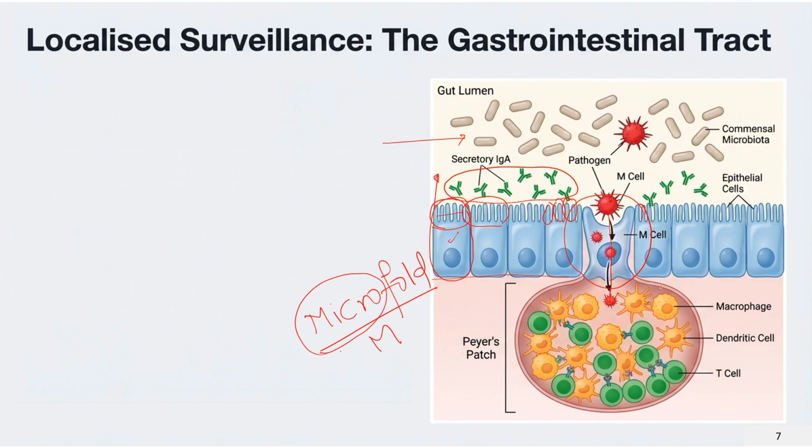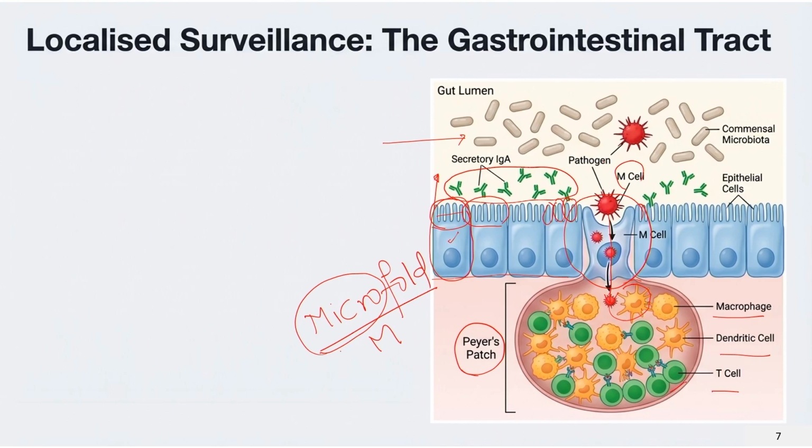And this inner side is actually an area which we have studied when we discussed the secondary lymphoid organ called Peyer's patches. These Peyer's patches are a very rich area where we can find macrophages, dendritic cells, and also T cell populations. Therefore, once M cells capture the pathogen, they can directly enter the Peyer's patches, where macrophages can engulf the pathogen, process it, and decorate it onto the surface so that the immune cells can understand it.